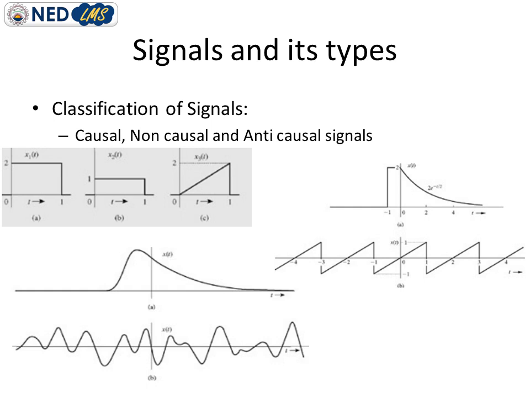So the difference between causal signal and non-causal signal is very obvious. Causal signals are those which are starting from t is equal to 0, and non-causal signals are those which are starting before time t is equal to 0.